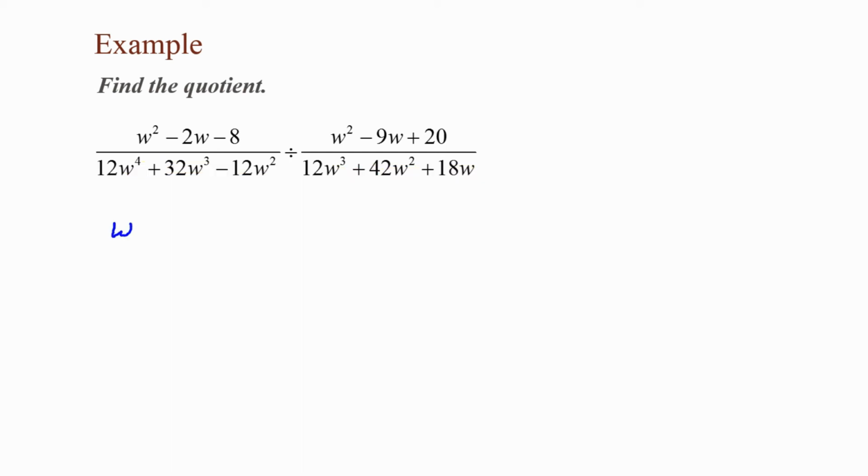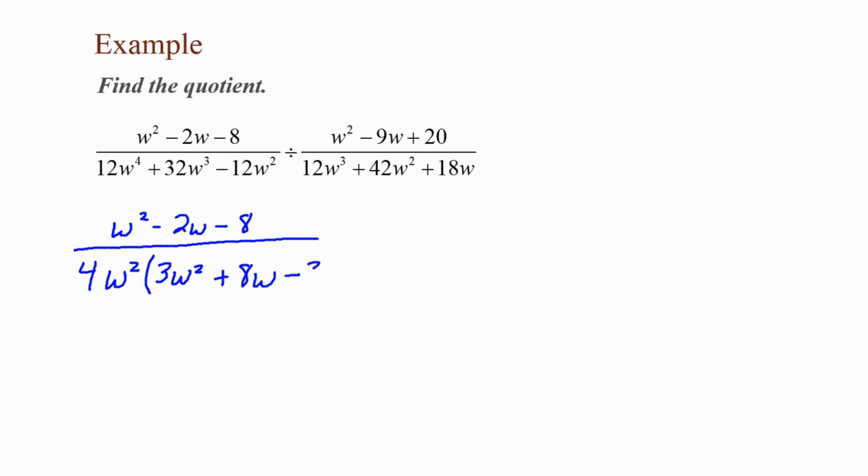So bringing down w squared minus 2w minus 8, that's going to be divided by 12 and 32, which have a common factor of 4. W to the fourth, w to the third, and w squared have a common factor of w squared. That leaves me with 3w squared plus 8w minus 3.